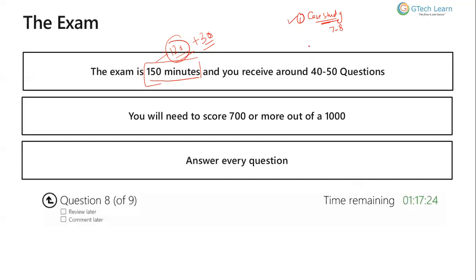Based on that case study, you get 7 to 8 questions in that category. The second category is situation-based questions. You have one problem, and for that problem 4 or 5 solutions are presented. For each solution, you need to select true for the correct solution and false for the incorrect solution.